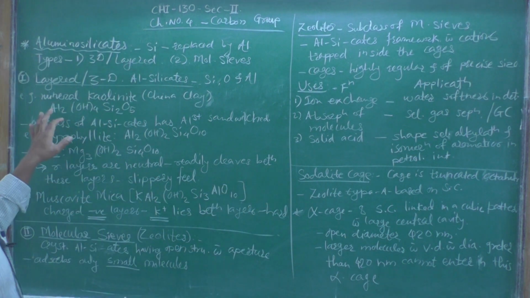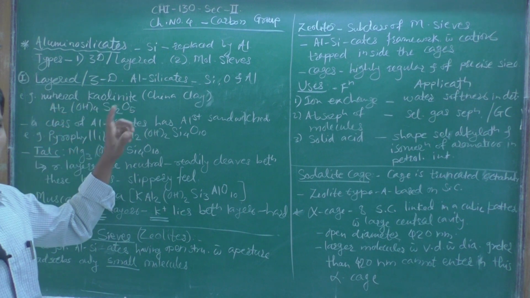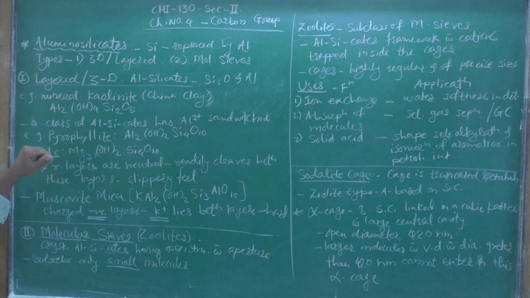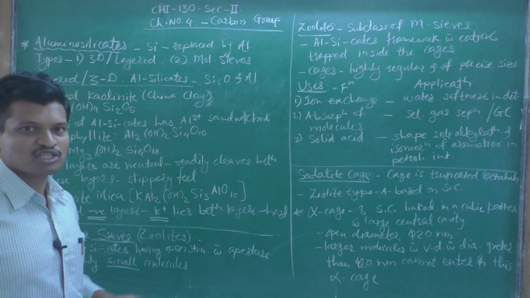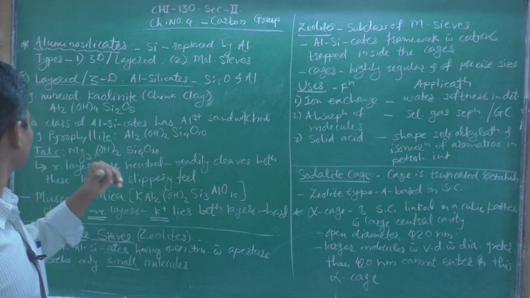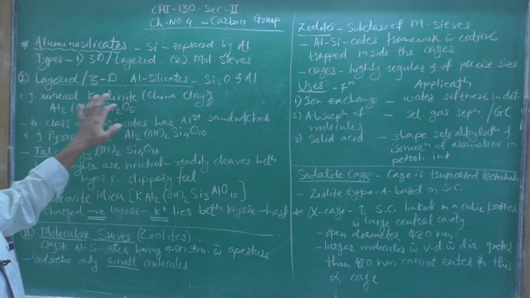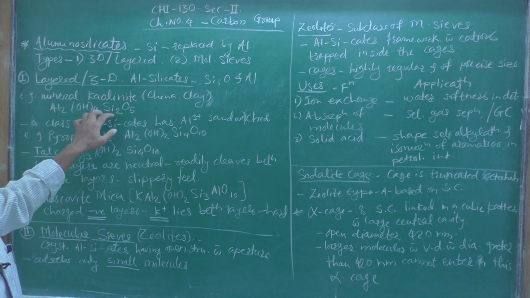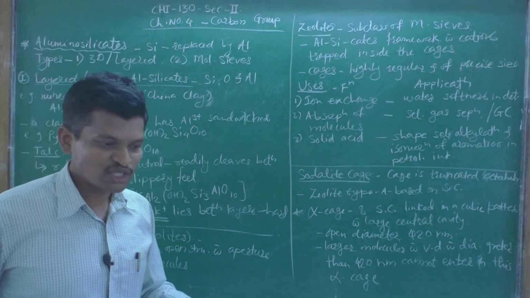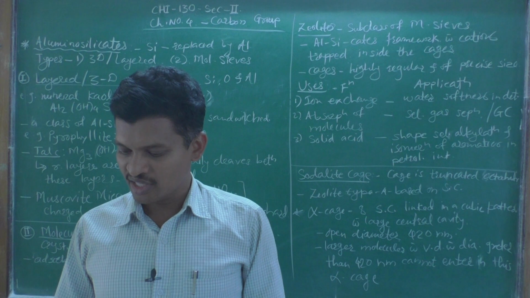The formula of this China clay is Al2(OH)4Si2O5. This is the class of aluminosilicates. Actually, what is the speciality of this China clay?